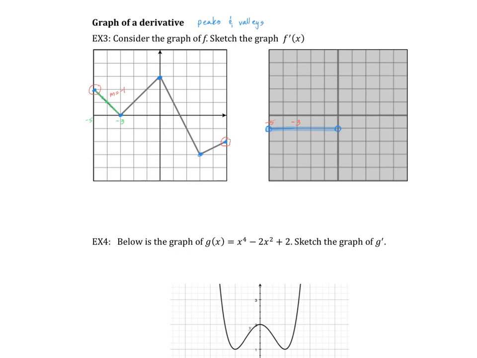So let's go ahead and look on our graph between -3 and 0. And think about at all points here, what would be the tangent line? What would be the slope of the tangent line? And the slope here is 1. So when I go to my graph of the derivative, from -3 to 0, oh shoot, look at what I did. I made an error.